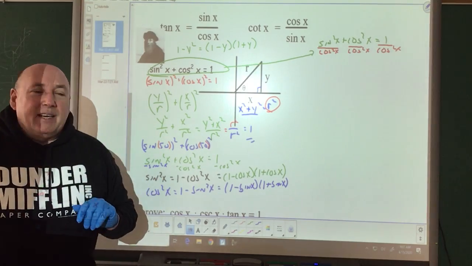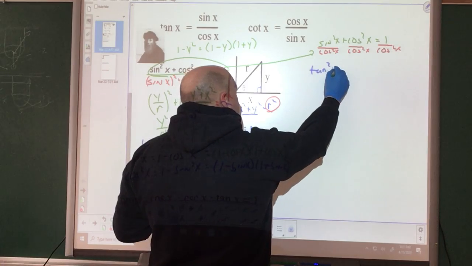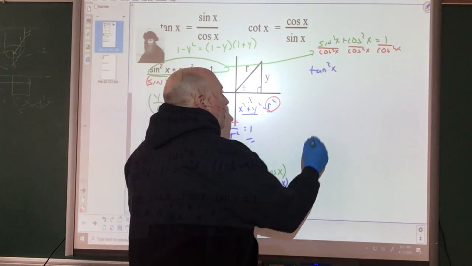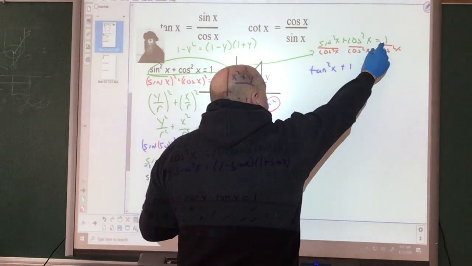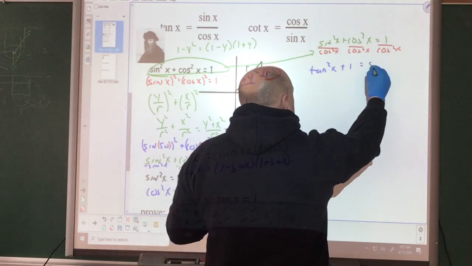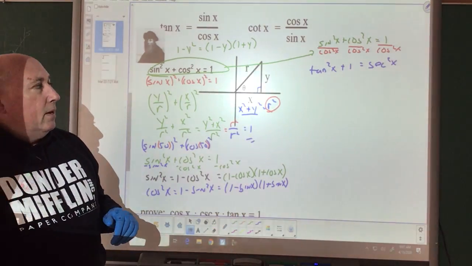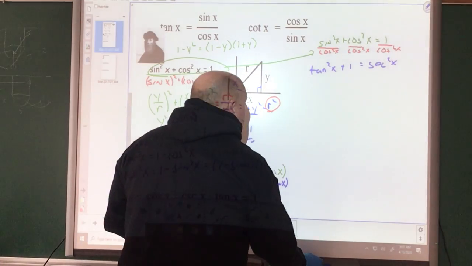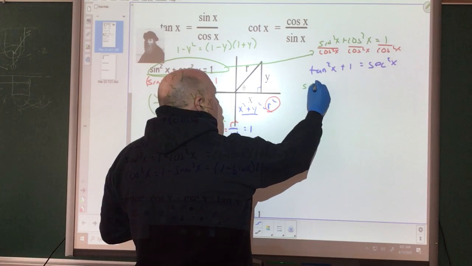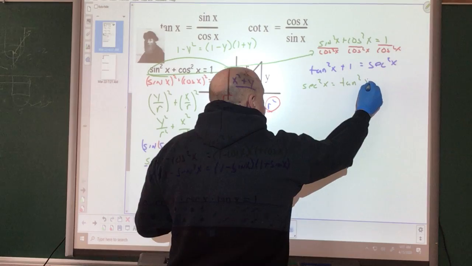That's exactly correct, tangent squared. If I have something divided by itself, I have plus 1, and 1 over cosine squared will equal secant squared of x. So this gives us another relationship. Secant squared of x is equal to tangent squared of x plus 1.